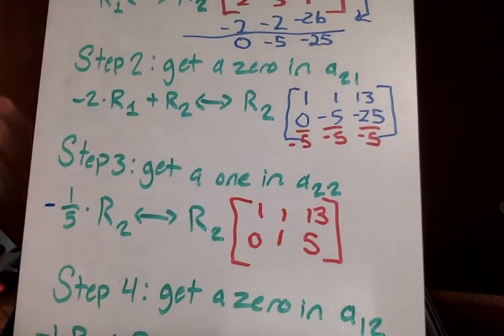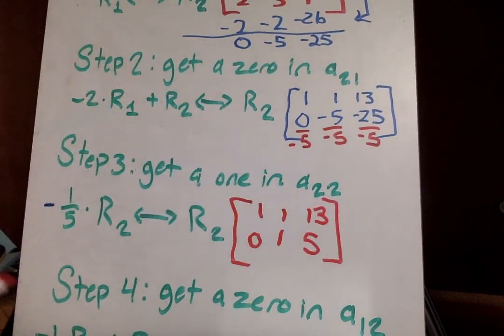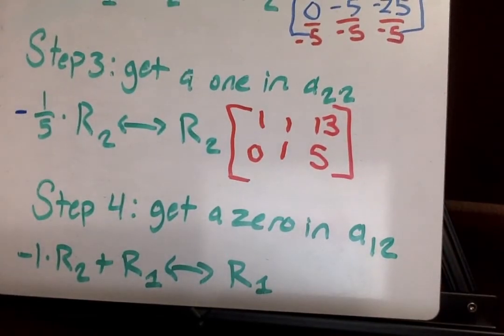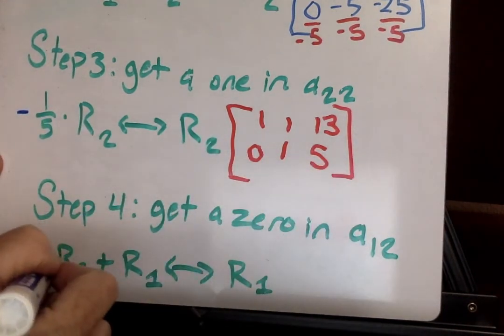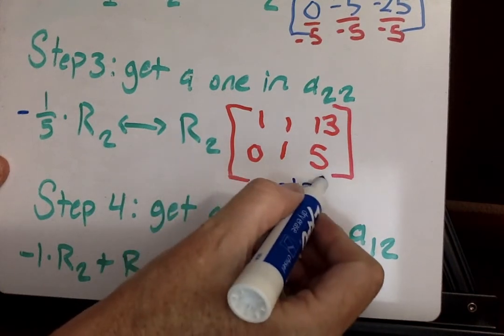Okay. The next thing we have to do is get a 0 in this position, the 1, 2 position. So in order to get a 0 in that position, we're going to go negative 1 times row 2 and add it to row 1. So if we multiply this whole thing by negative 1, I'm going to get 0, negative 1, negative 5.